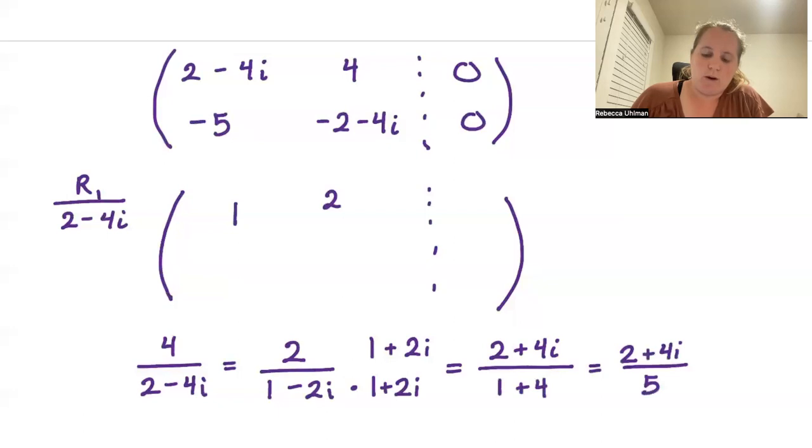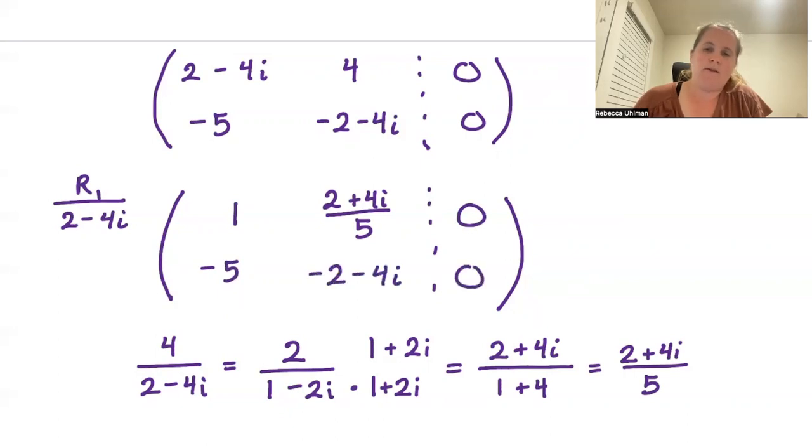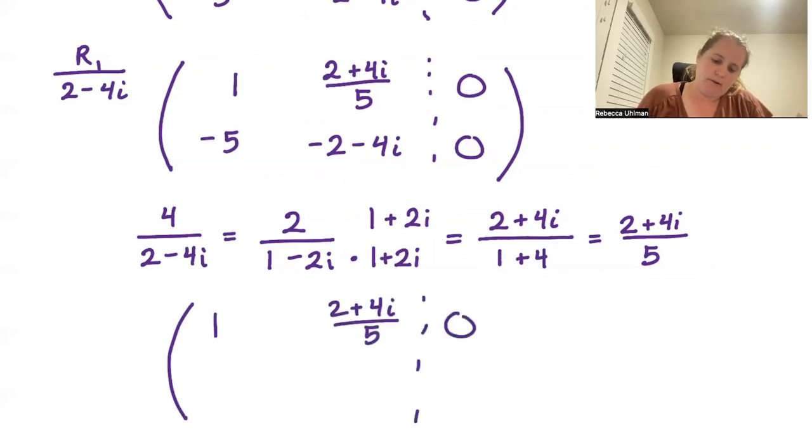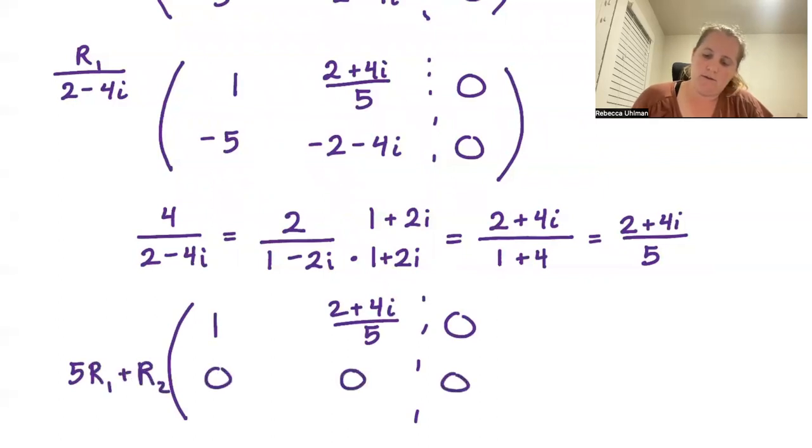So we have our matrix now. The first row is 1, then 2 plus 4i all over 5, 0. For our second row, we have negative 5, negative 2 minus 4i, and 0. As you can see, if at this point we just leave row 1 alone and do 5 row 1 plus row 2, we do indeed get 0, 0, 0.